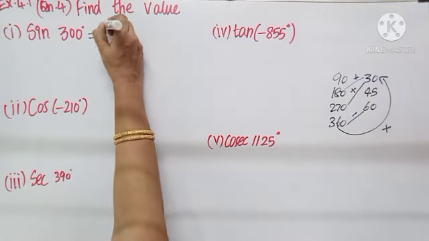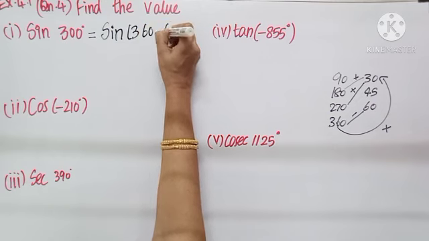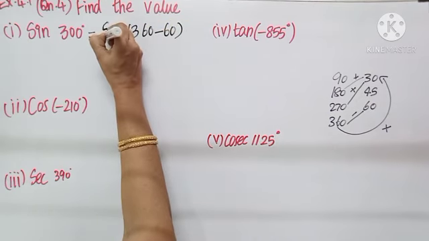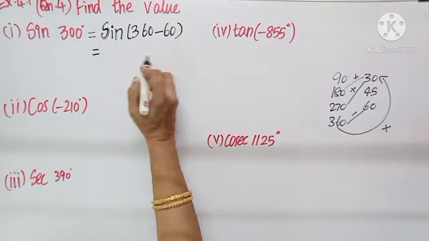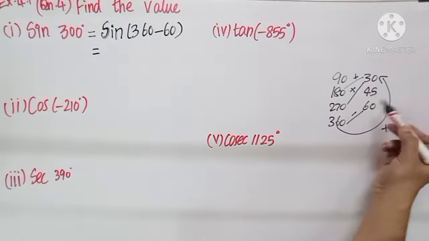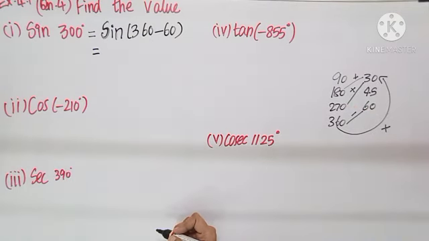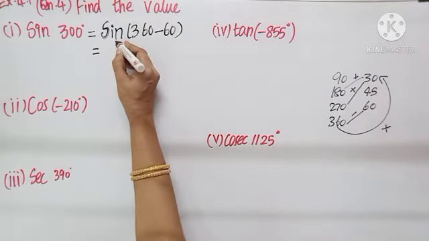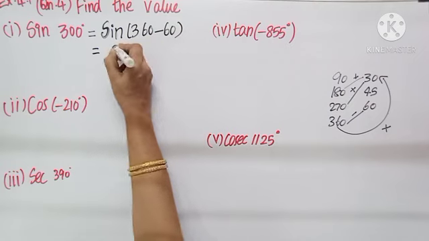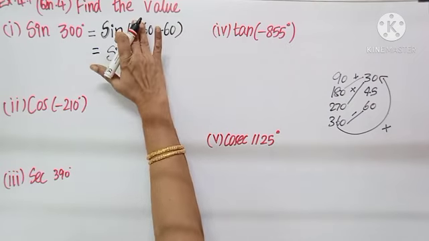Sine 300, we write sine of 360 minus 60. Sine as it is. 300 I am representing as a combination of this. So 360 minus 60. Now what did we learn in quadrant rule? 180, 360 comes, no change. So sine will be sine only. Ignore the 360.